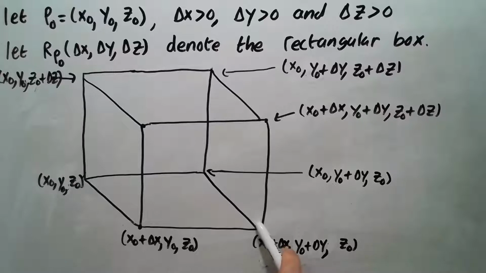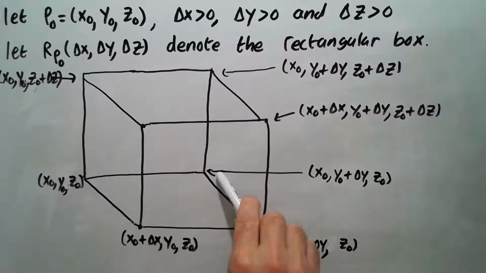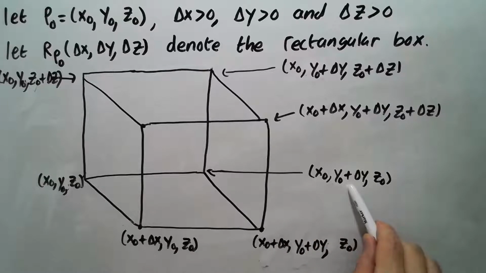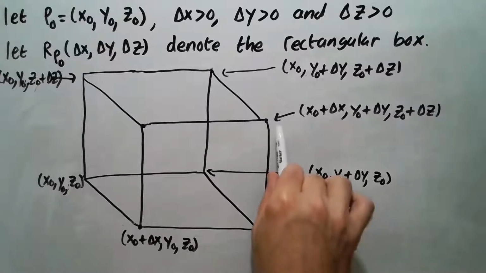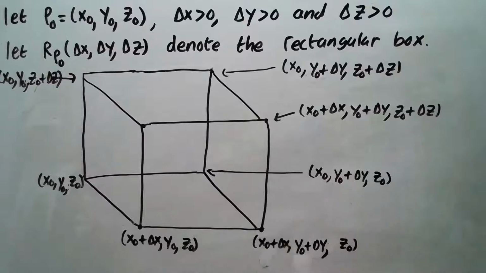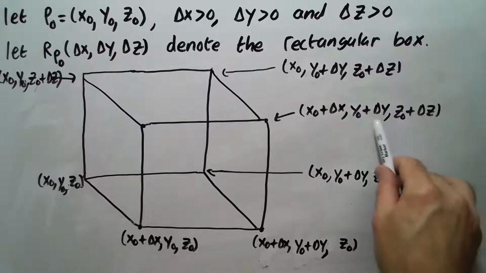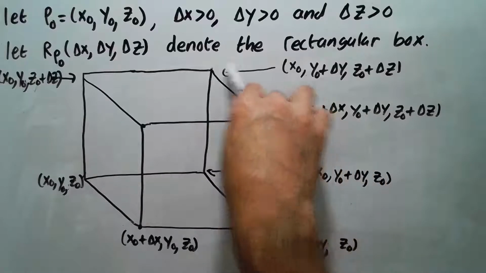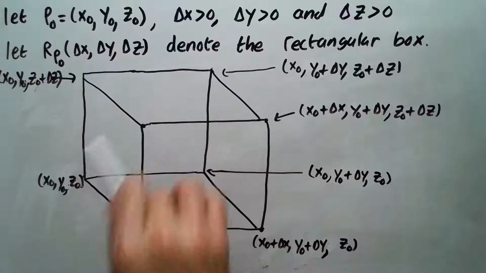Then I can travel from here back, which would put me back at x0, and then it'd be y0 plus delta y, z0. Then here I can travel up from here, delta z, so it'd be the same point except at z0 you'd have a plus delta z, which I have here. Then I can move back and so forth. That's how I'm getting all these vertices.